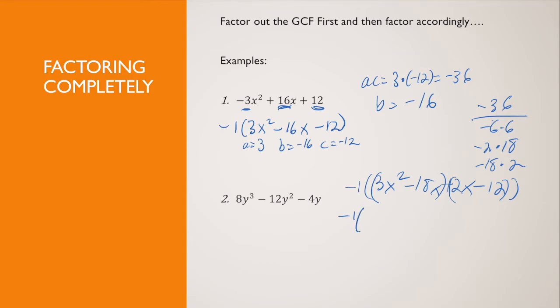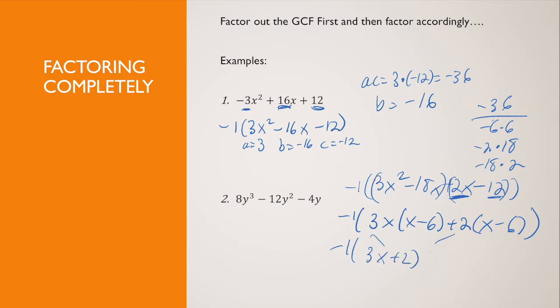That leaves me with x minus 6. So 3x times x minus 6, plus 2. The greatest common factor of 2x and 12 is 2, so that leaves me with 2 times x minus 6. So I've got -1, and I collect the greatest common factors of 3x plus 2 and what they had in common.